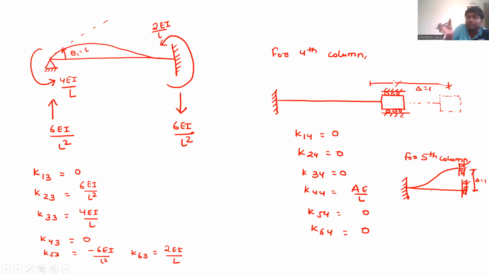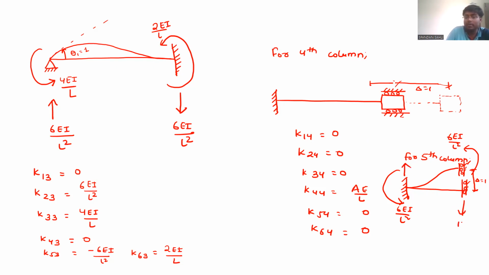So now this is moving like this, so you will get movements in an anti-clockwise manner, and this will be 6EI upon L square. If these are 6EI upon L square anti-clockwise, then two forces will come.